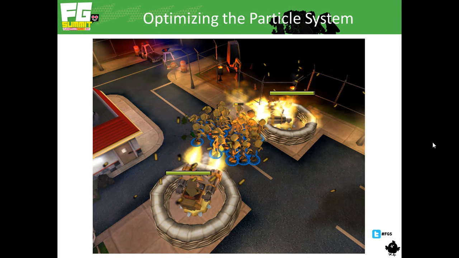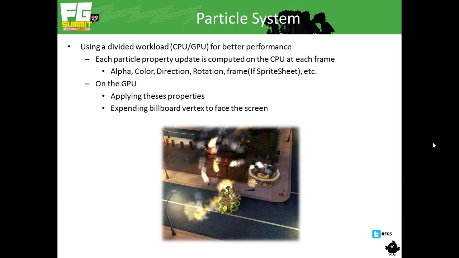So for the particle system, in that screen you can see a lot of particles. There are the shells that are particles. You have smoke and fire. The health bars are also particles, and that's just one example. So what we did is use a divided workload system. We manage the particles on the CPU, and we apply the modifications with the GPU.